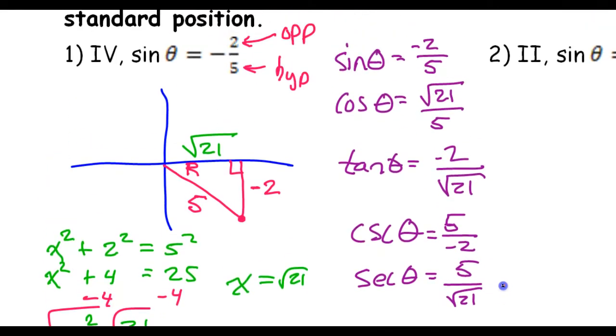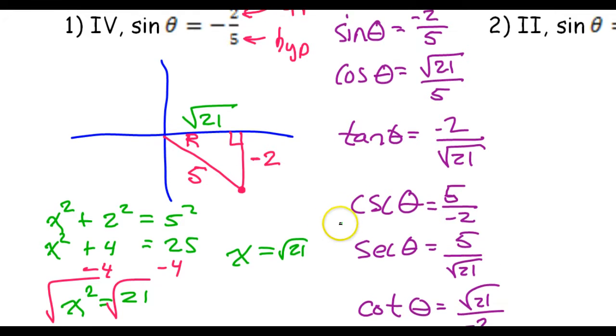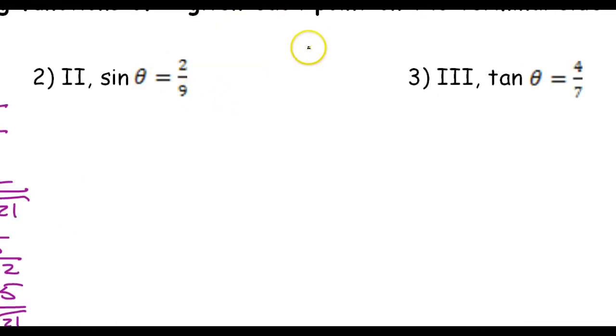And the reciprocal of tangent is cotangent, so that'll be radical 21 over negative 2. Okay, so that's it. That's how you do number 1. Number 2 is very similar.